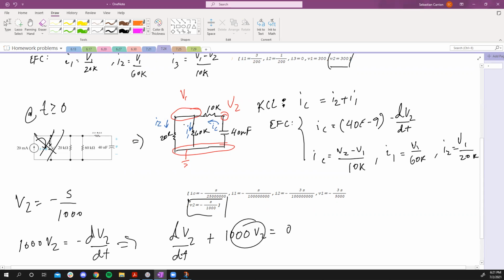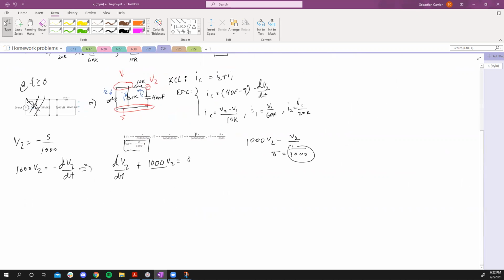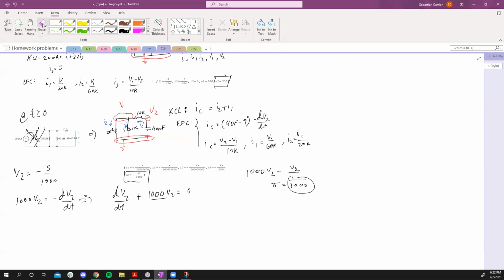So we know this 1,000 V2 is equal to V2 over 1 over 1,000. So this is going to be our time constant, right?